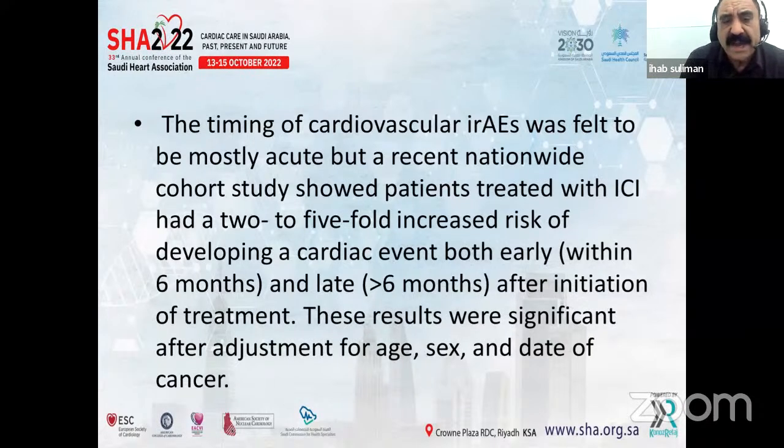This is important to consider whenever we have a patient who presents with different types of cardiovascular symptoms and signs, such as chest pain, shortness of breath, or abnormal ECG, echo, cardiac MRI, and so on.